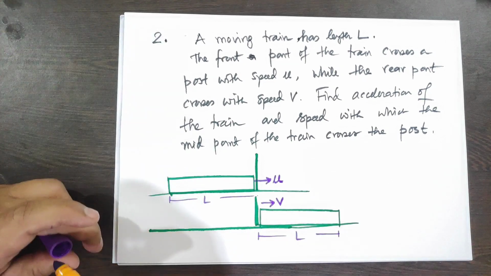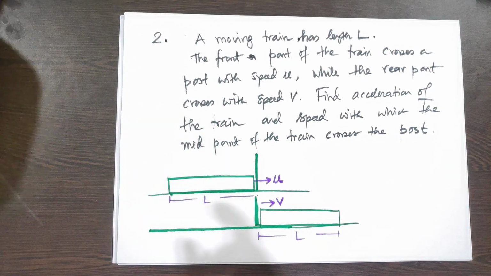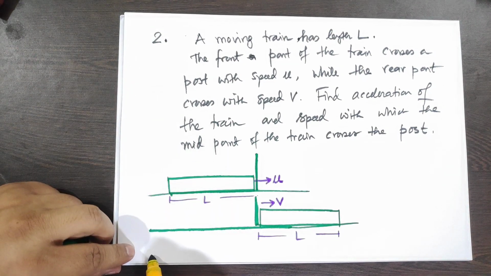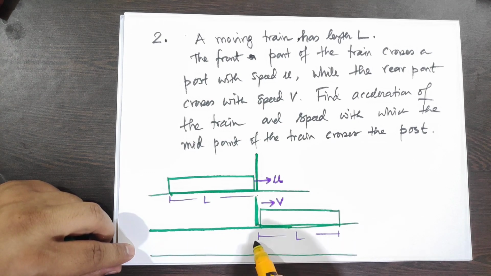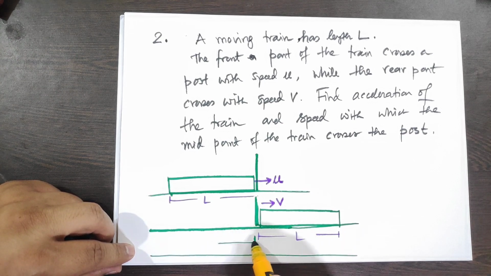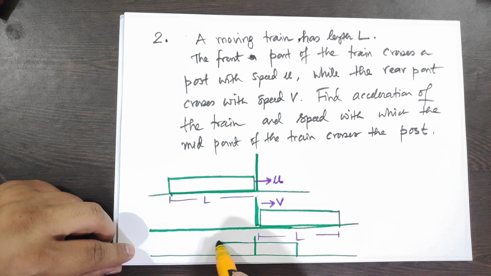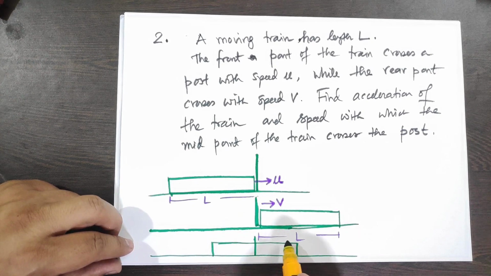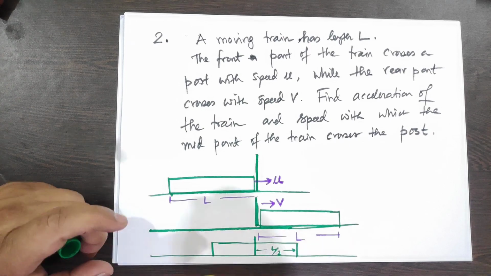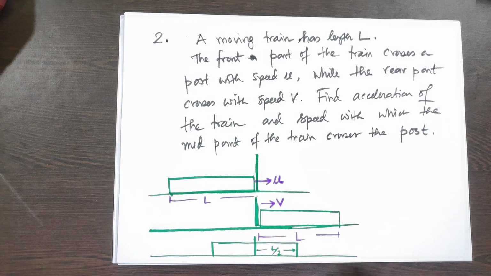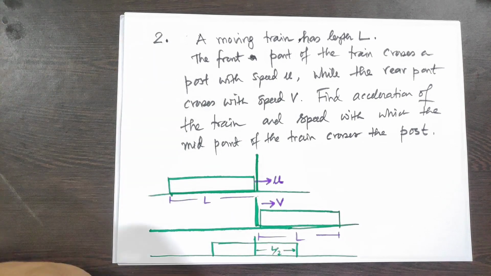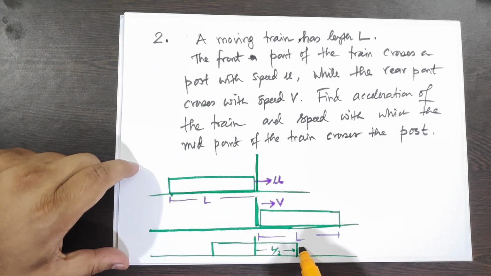And also in the last part it is asked with what speed the midpoint of the train crosses the post. There it is, right? So that is L by 2. Suppose the midpoint of the train crosses the post with some speed, say v dash.